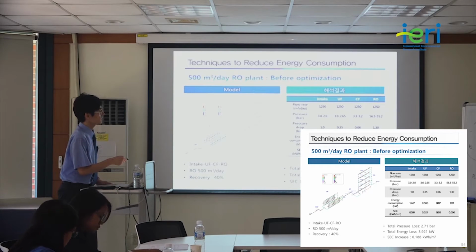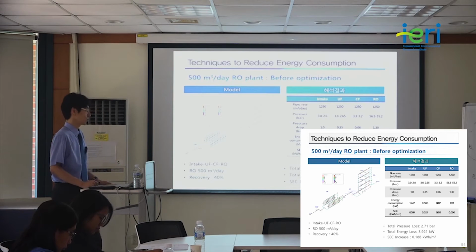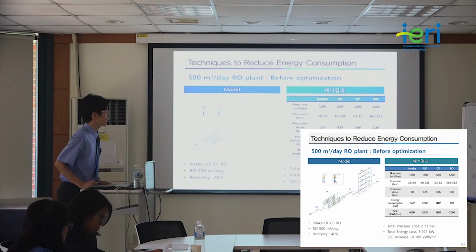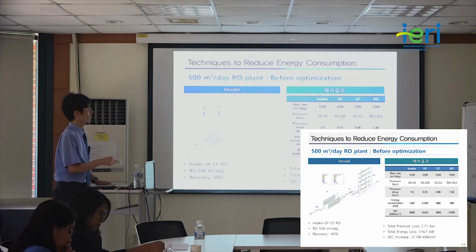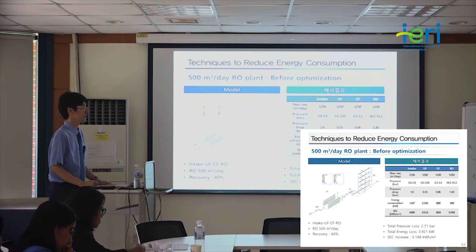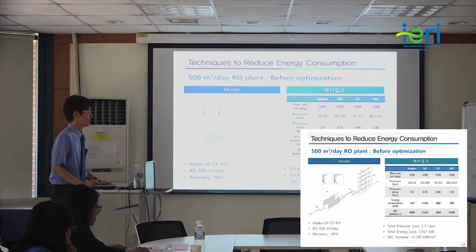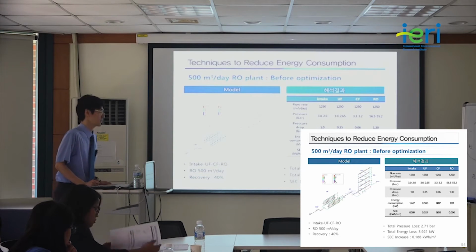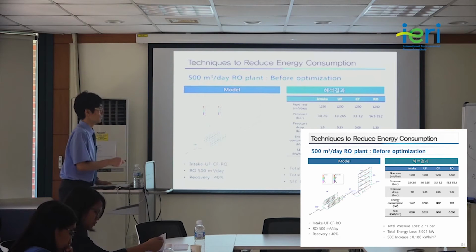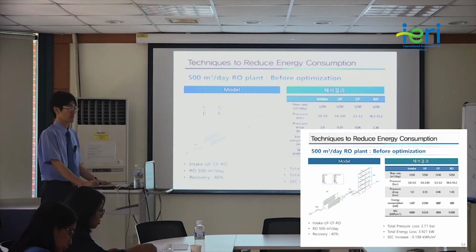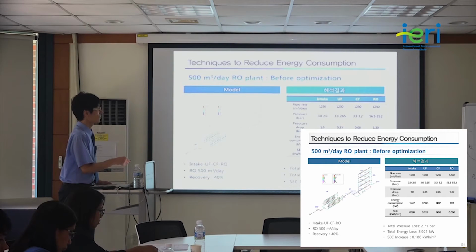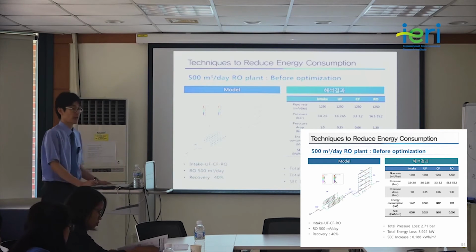And we can convert this pressure to the actual energy loss, which is 3.921 kilowatt. If we convert that to specific energy consumption, it corresponds to a specific energy consumption increase of 0.188 kilowatt hour per cubic meter. So in the pipe, we spend this amount of energy.